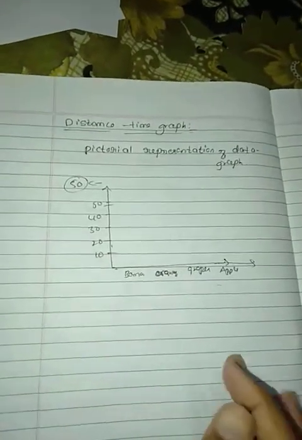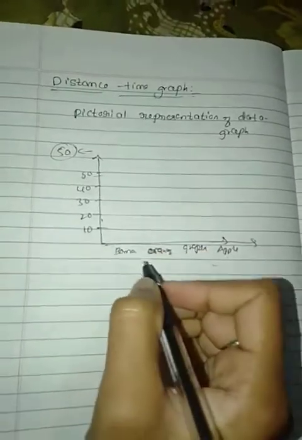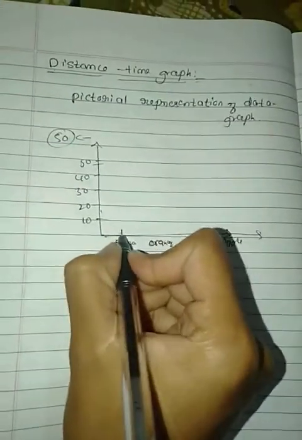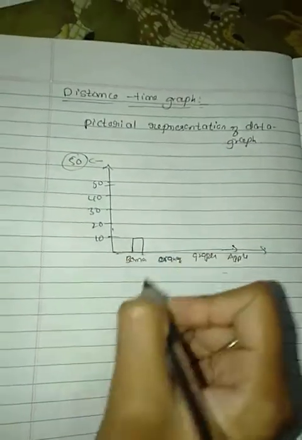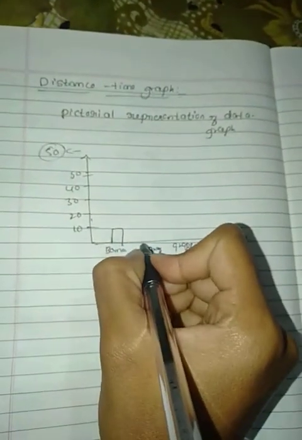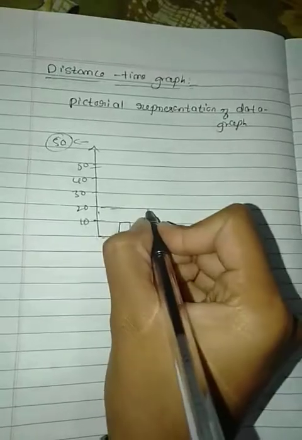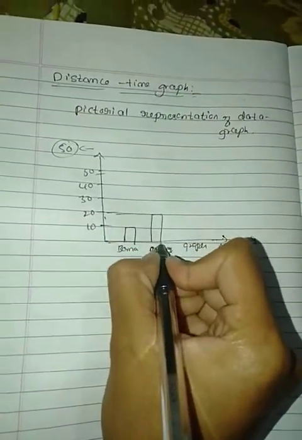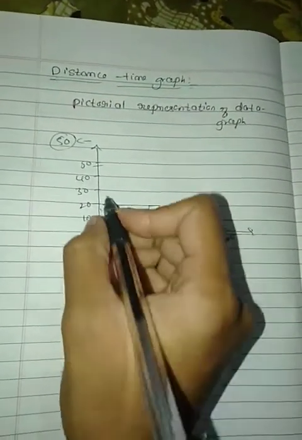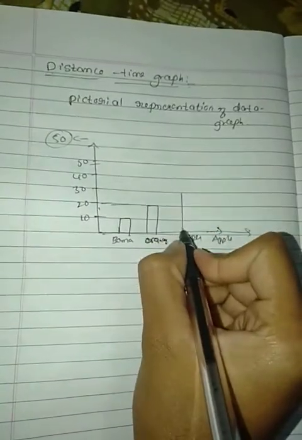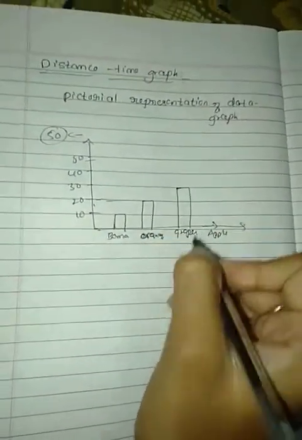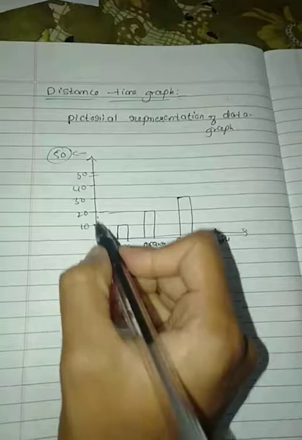Now 10 students liked banana most, that is represented like this. For example, 20 students liked oranges, and some students liked grapes most.